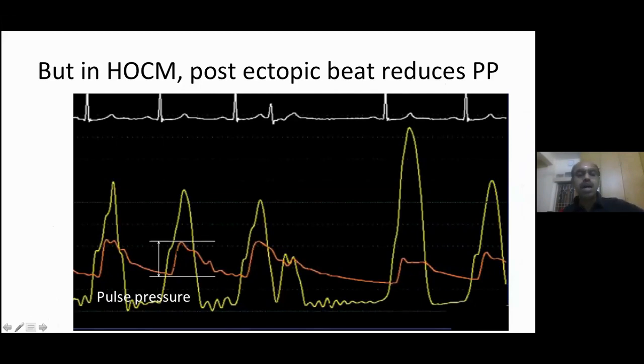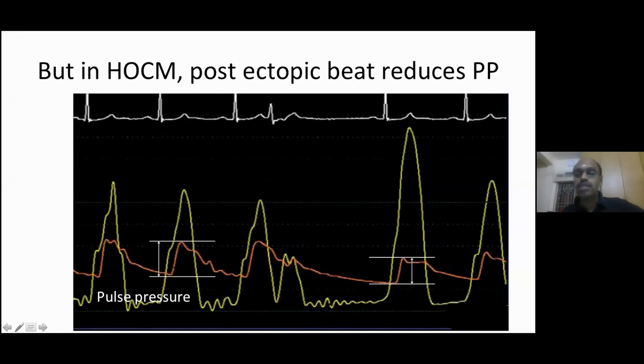This is the normal pulse pressure, but in the post-ectopic beat, the pulse pressure drops. Whenever there is an ectopic beat, there is a low LV stroke volume. This low LV stroke volume triggers a lower systemic vascular resistance due to acute autoregulation and fall in the sympathetic vascular tone.